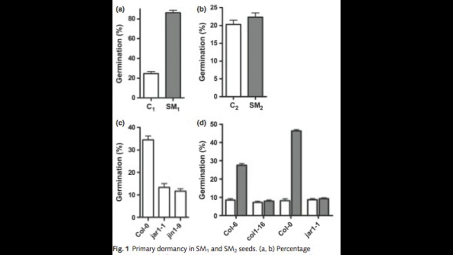So both the major hormones controlling seed dormancy were changing in the way that you would expect for seeds showing lower dormancy, and the JA levels were up as well. We did various experiments with JA mutants and showed that the dormancy effect was JA dependent.